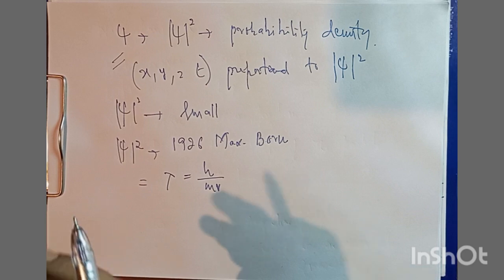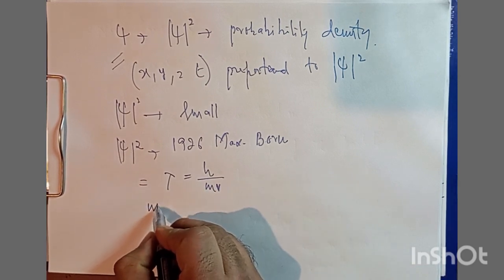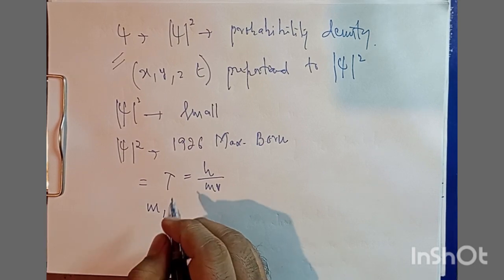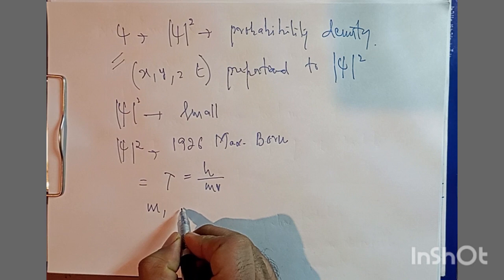Now, let us assume that we have a particle of mass m, and say, for example, it's traveling in the x direction with no force acting on this particle, right?